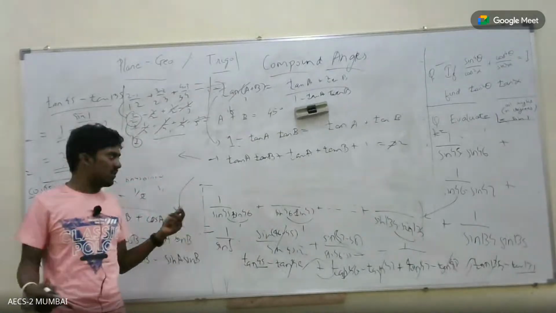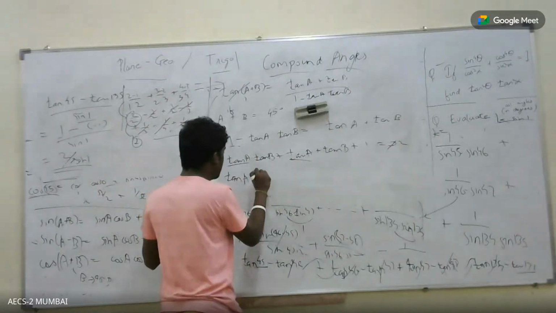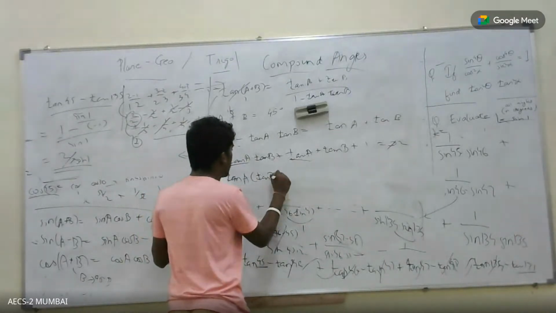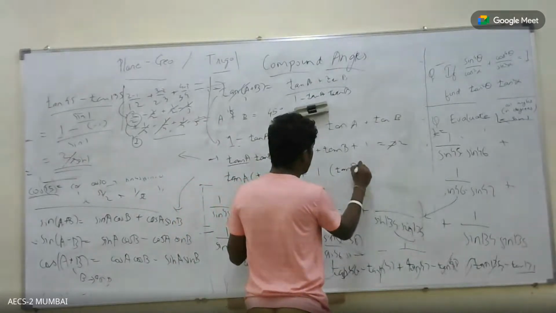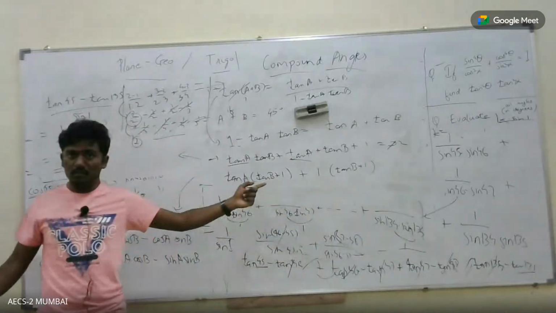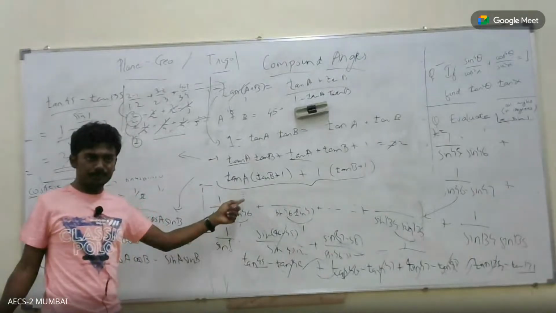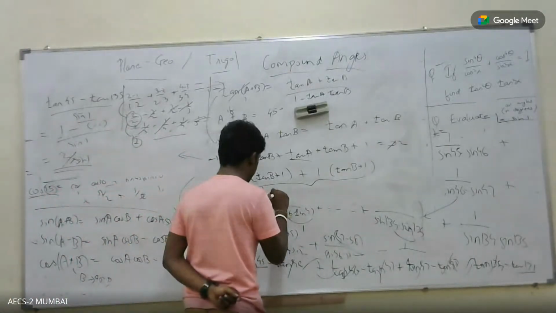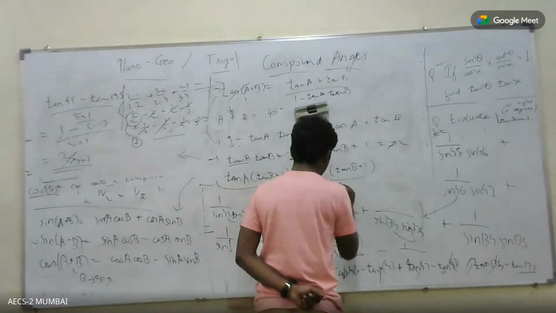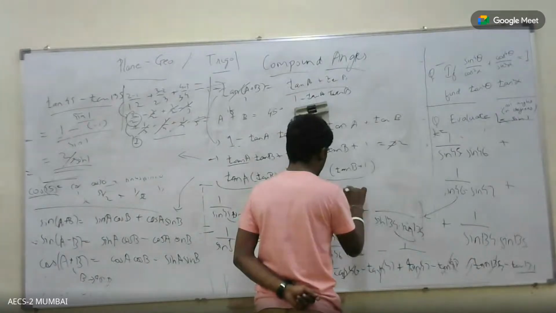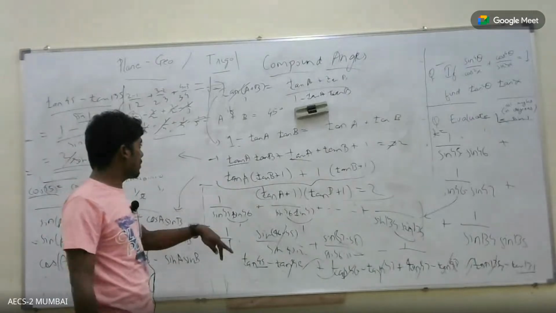Now we can do something interesting. Notice that you can take tan A common here, the way you do in quadratic equations, to get tan A into tan B plus 1. And here you have 1 into tan B plus 1. Is this correct? So what is this entire expression looking like? Tan A plus 1 into tan B plus 1 is equal to 2.